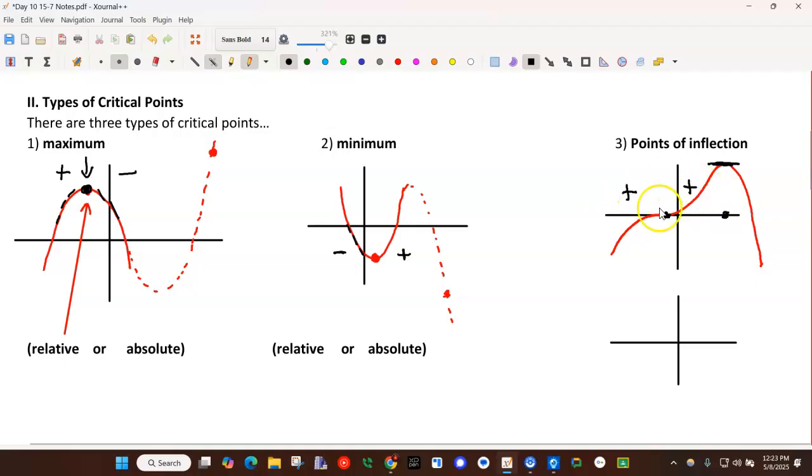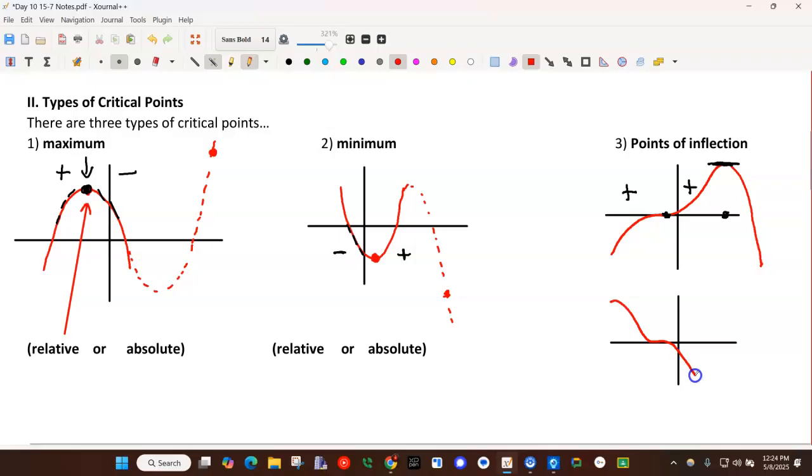So if you have the same sign in a row, it's not a min or a max, right? A max has to go up and come down. A minimum has to go down and come back up. So if it just goes up and then hits 0 and then goes up again, that's called an inflection point or point of inflection. And we can do the same thing, of course, if it's decreasing initially. So we can go like this.